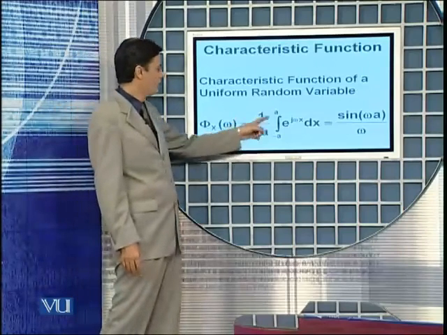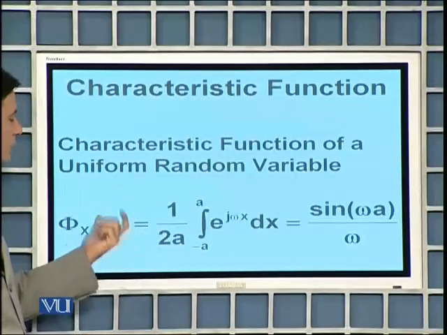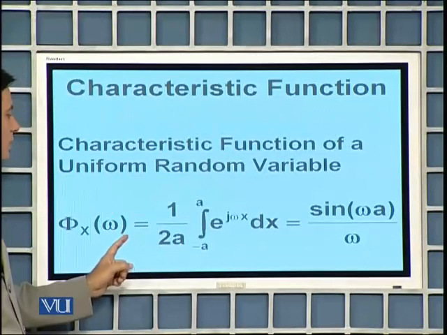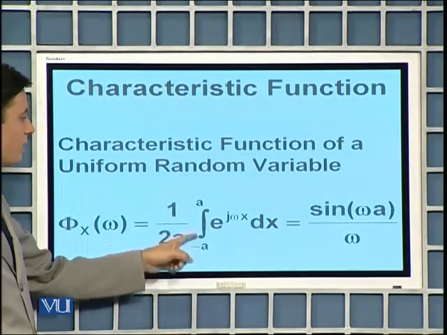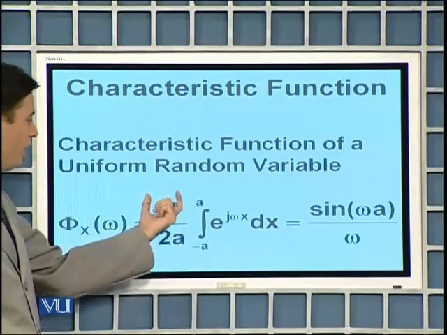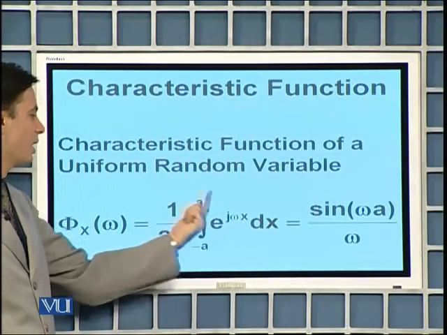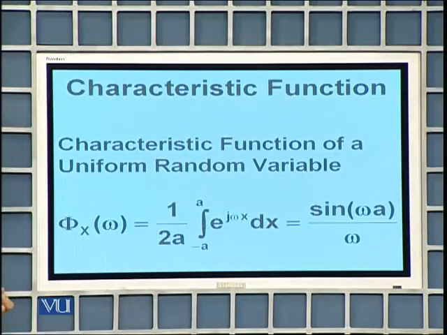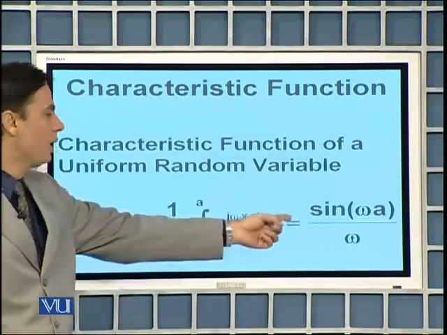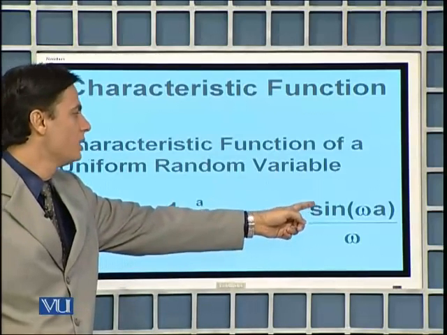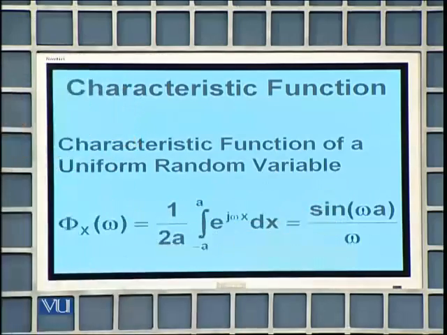Please note that this factor 1 over 2a is height of the PDF because PDF is of a uniformly distributed random variable over an extent which is of length 2a from -a to a. Hence, this is the height of the PDF. This should have been inside the integral, but this is a constant. I can certainly take it out. And then if you simplify this integral, you get a simple expression of sine of omega times a divided by omega.